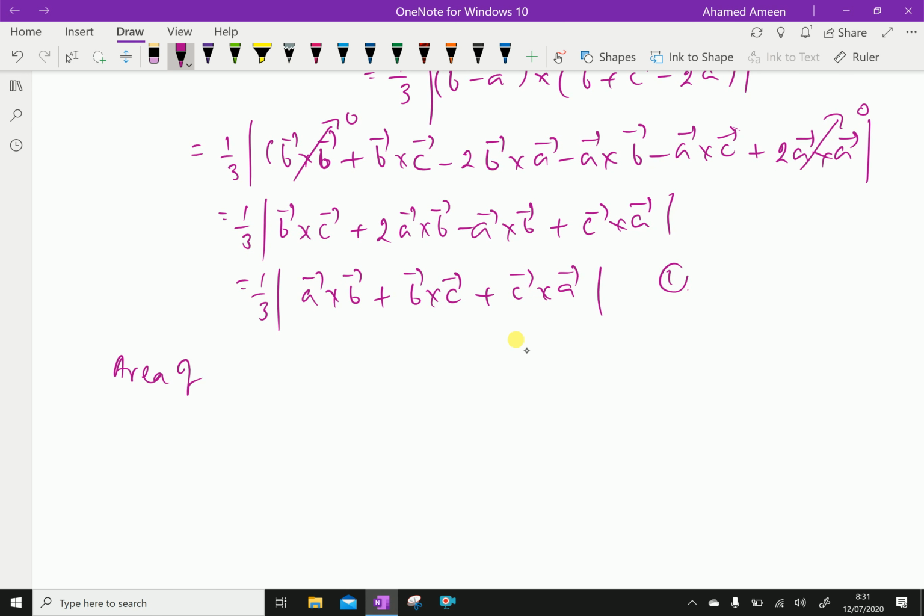Now similarly, area of triangle GAC equals vector CA cross vector AG.